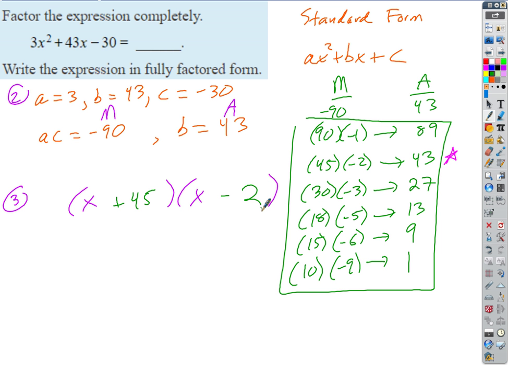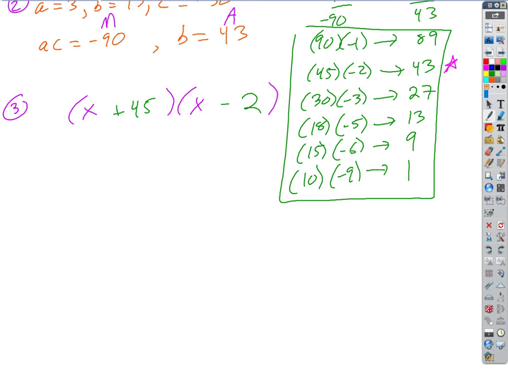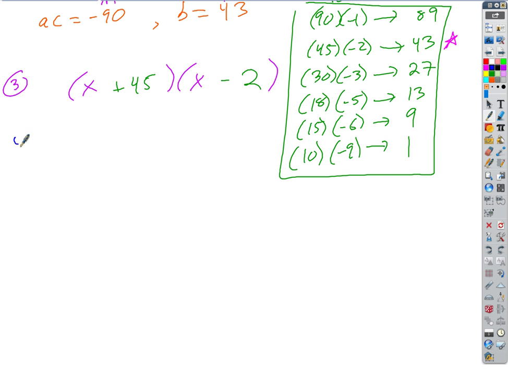So those are our preliminary factors, right? What's the next step? Step 4 on the sheet. Everybody look at your sheet. After the preliminary factors, what do we do?